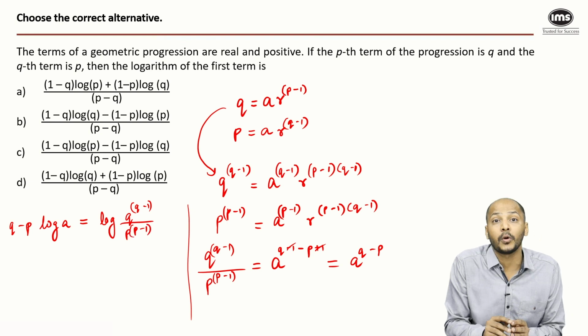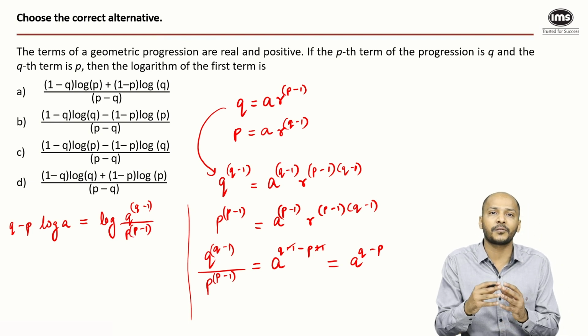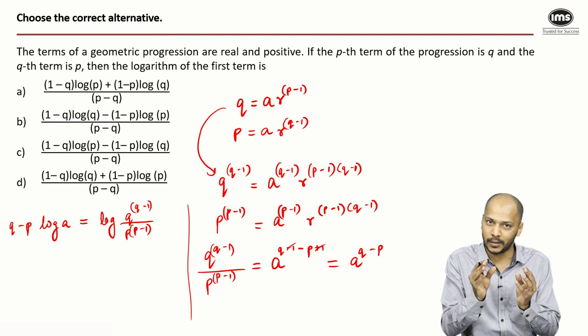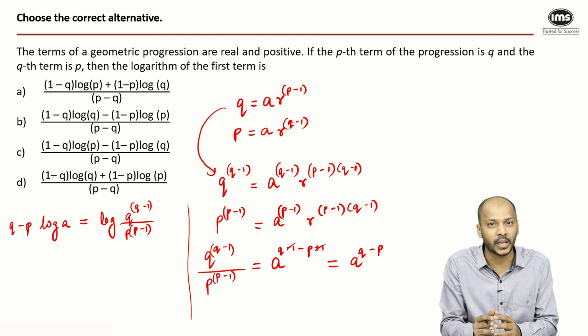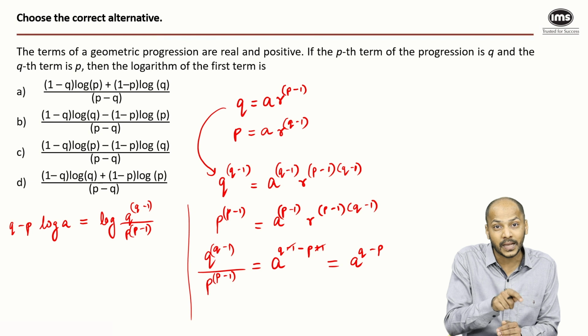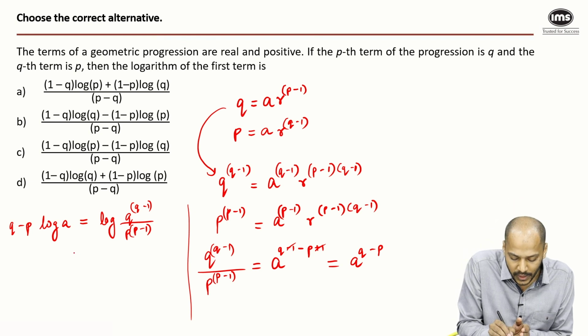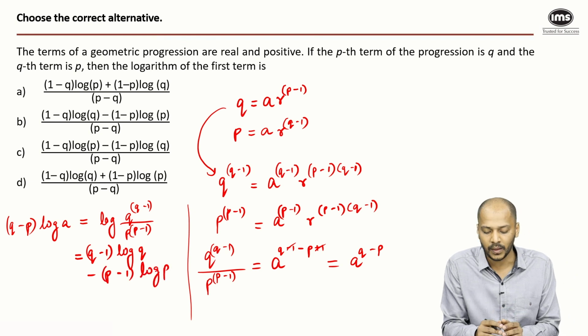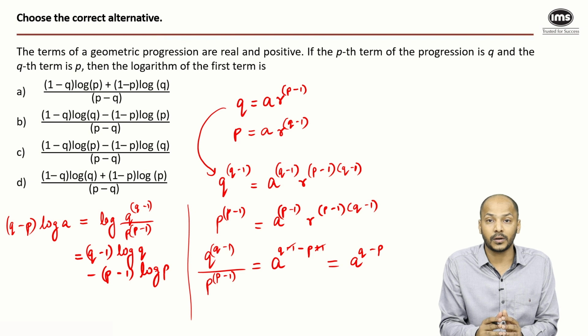Now as we know, when there's a division involved or when there's a fraction in logarithm, we can split the log as log of the numerator minus the log of the denominator, and the powers will come out in multiplication. So I'll skip a step and I'll directly write q minus 1 times log of q minus p minus 1 times log of p, right? This is what we get.